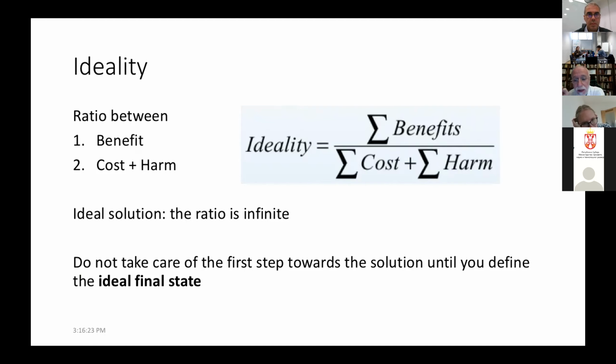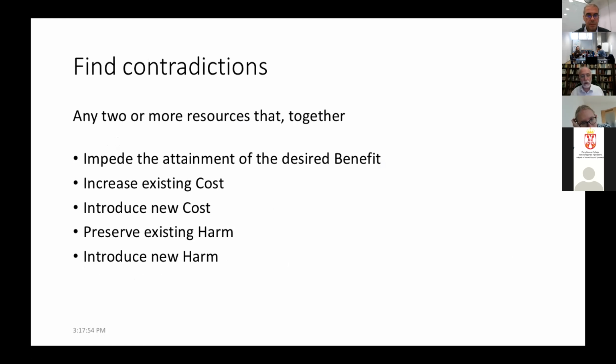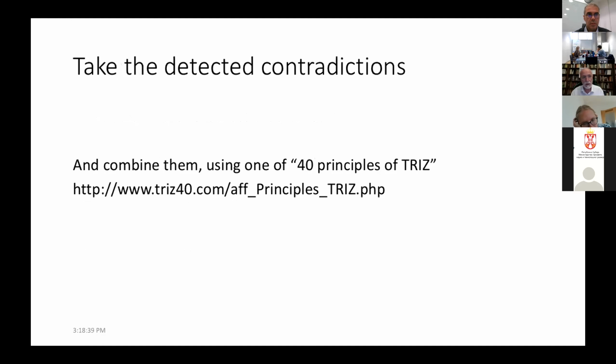So you just state what is the ideal final state, and then you find contradictions. Any two or more resources that together impede the attainment of the desired benefit, or increase the existing cost, or create new cost, or preserve existing harm or introduce new harm.